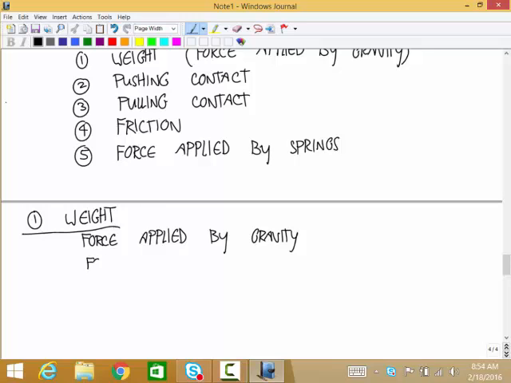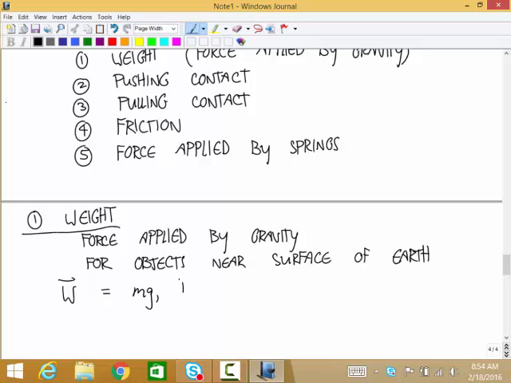But for objects near the surface of the Earth, the force due to gravity, let's write it as the weight force vector W, is equal to the object's mass times the acceleration of gravity acting down.